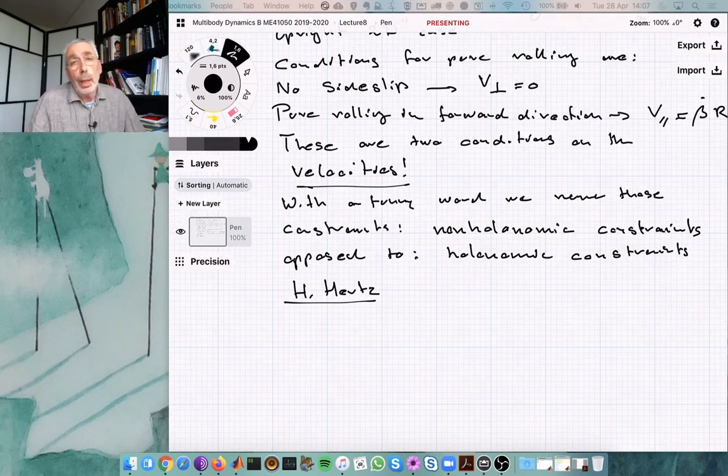Why? Well, because Heinrich Hertz was very interested in contact problems, Hertzian contact and those things, so also rolling contact. Very interesting figure, Heinrich Hertz, tragic also, died relatively young, very smart guy.